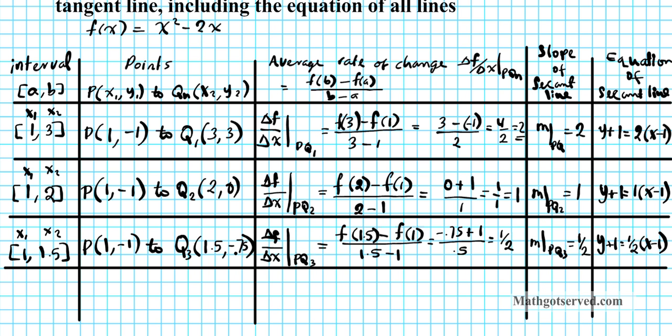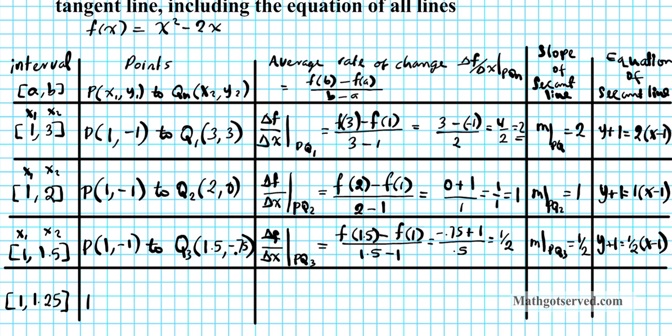So let's look at the last interval indicated in the problem, which is from 1 to 1.25. These 4 points are sufficient for us to speculate as to what the slope of the tangent line, or the instantaneous rate of change, is.